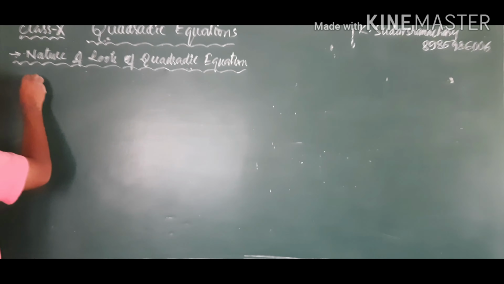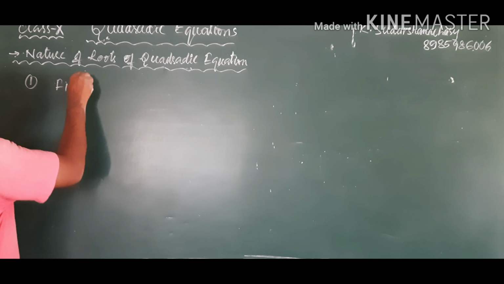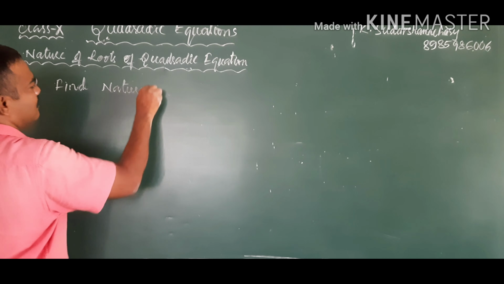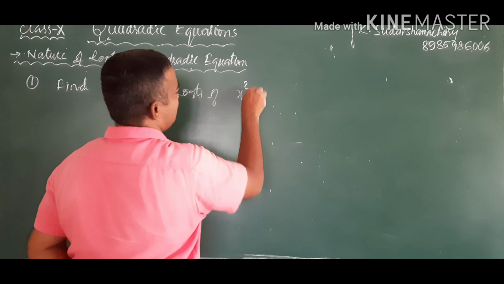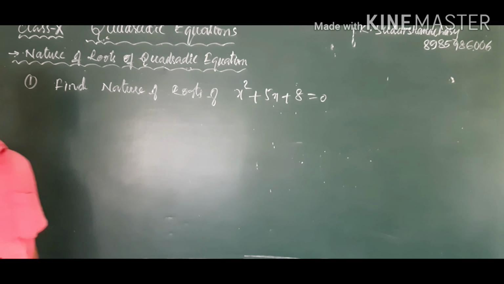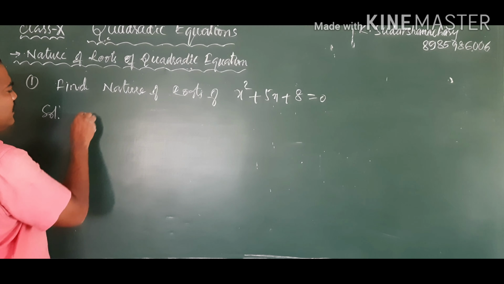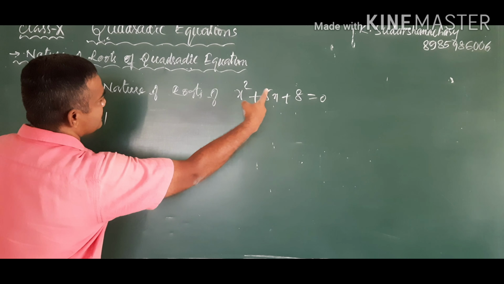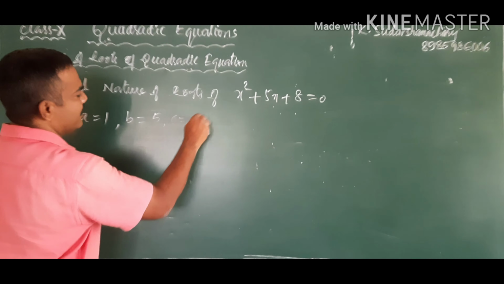Find the nature of roots of x² + 5x + 8 = 0. How can we find it? Comparing with ax² + bx + c = 0, a = 1, b = 5, c = 8.